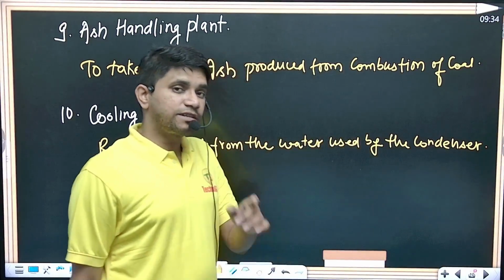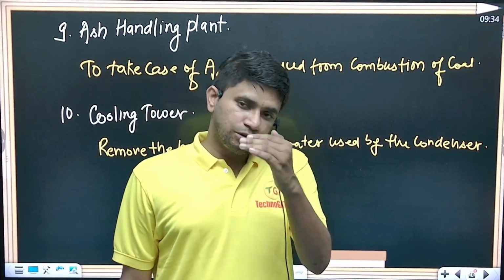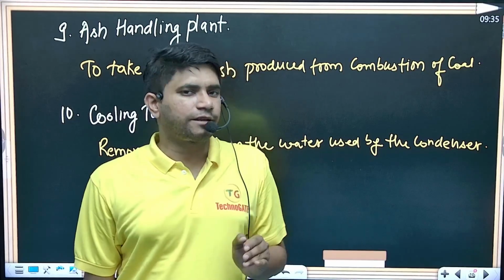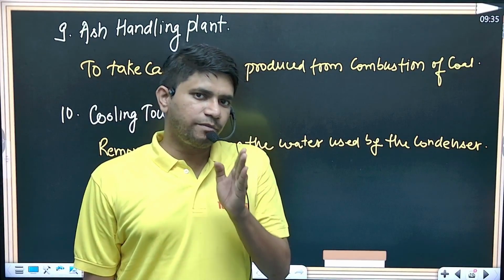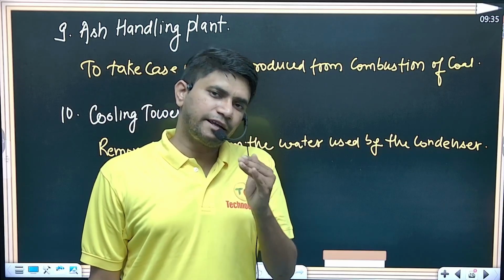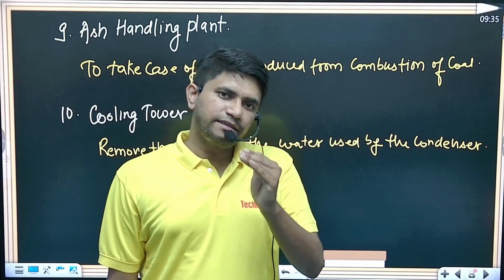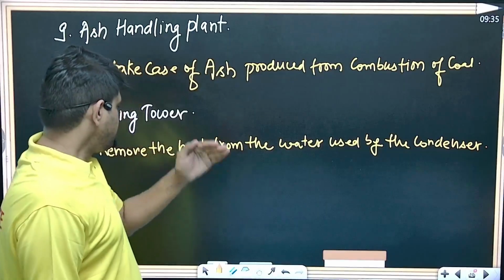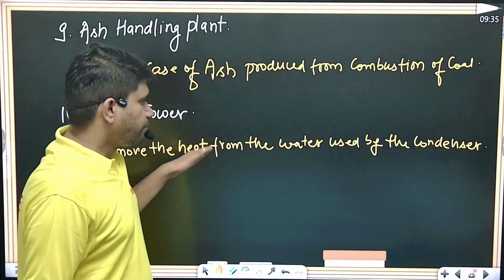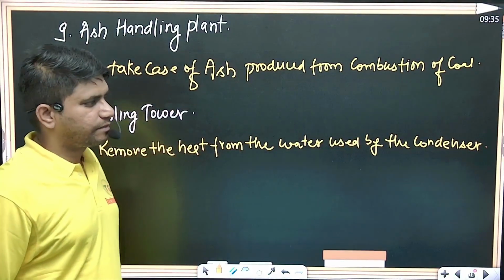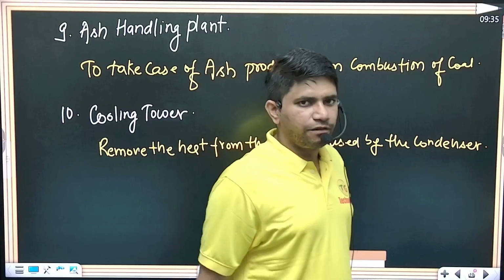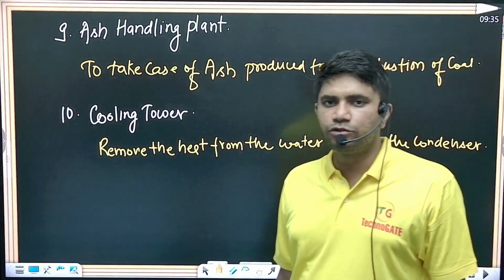Now please, what was the condenser? It is used to lower the temperature of the steam which has been thrown out by the turbine. It is done by using cold water. So if you use the cold water, the temperature of the water increases, and to remove that heat from the water we use a cooling tower. It will cool down the temperature of the water that has been used by the condenser.